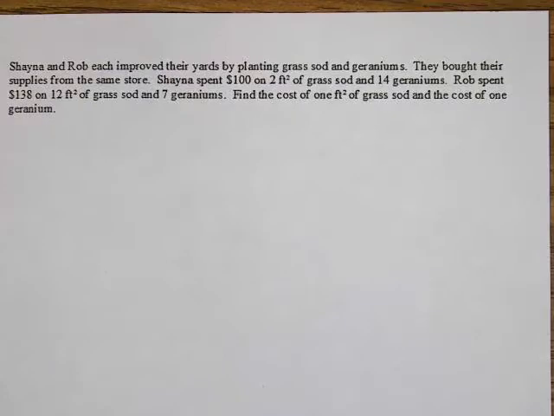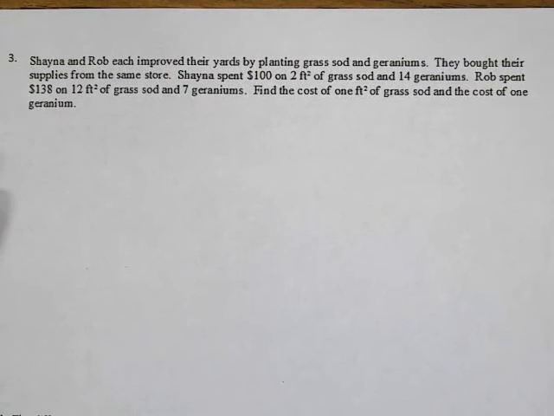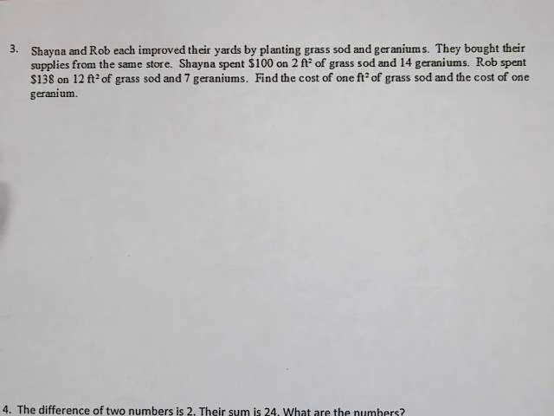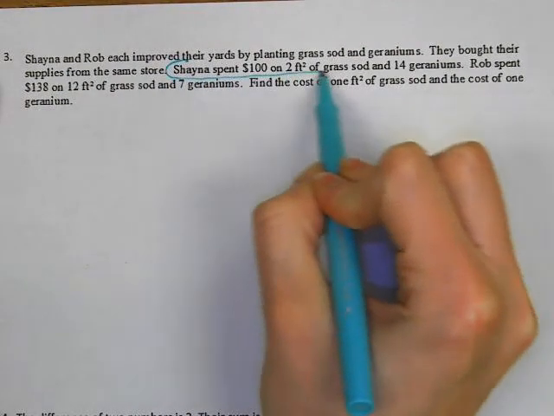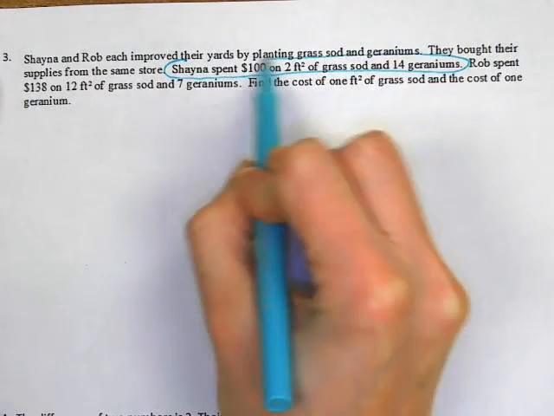Okay, so number 3. So we've got to figure out, is this a similar situation or is this a number and value problem? So why don't you guys read it? Shayna and Rob each improved their yards by planting grass sod and geraniums. They bought their supplies from the same store. All right, so then we have a story about Shayna, what she bought.